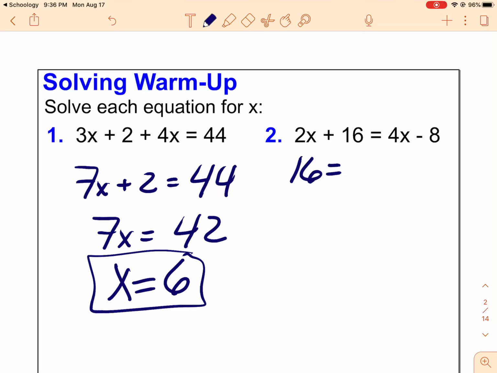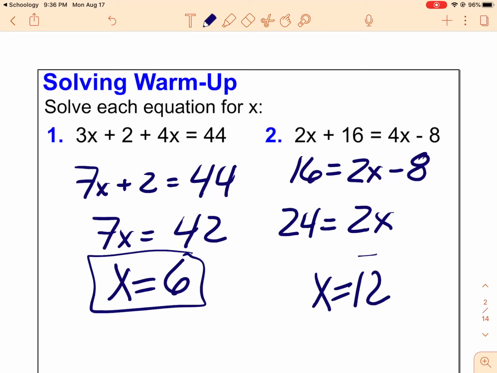I would have 16, and then 4x minus 2x gives you 2x, and then the minus 8, to then add the 8 to both sides, so you're getting 24 equals 2x, divide both sides by 2, and you get x equals 12. So that type of solving algebraic problems is what we're going to be doing with some geometric stuff.